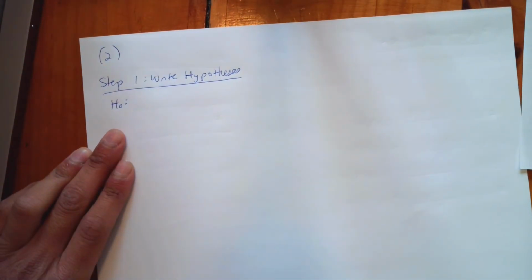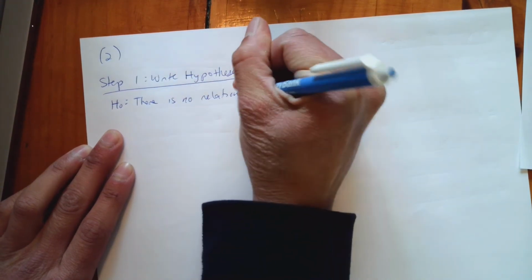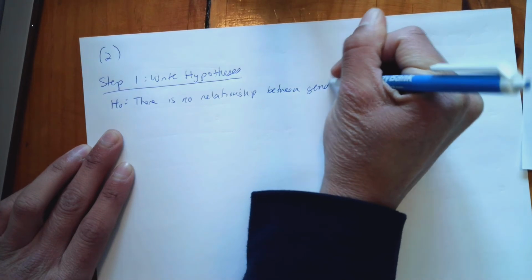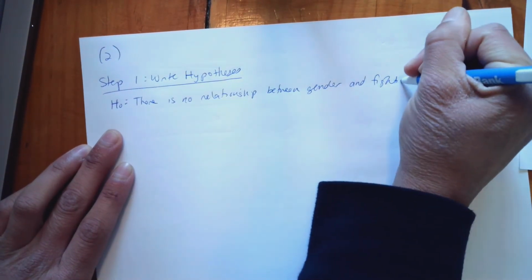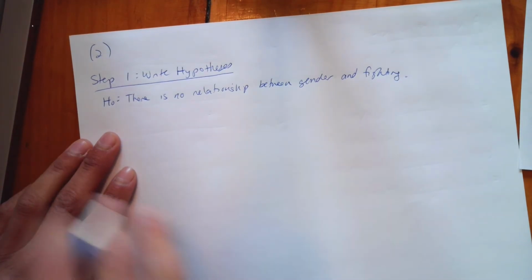Our null hypothesis then is that there is no relationship between these variables. So we can write that out in words, which is that there is no relationship between gender and fighting. Where fighting here means having been in a fight, but that's just a lot to write out.